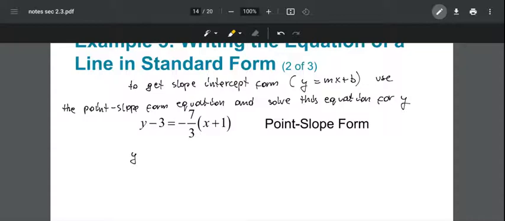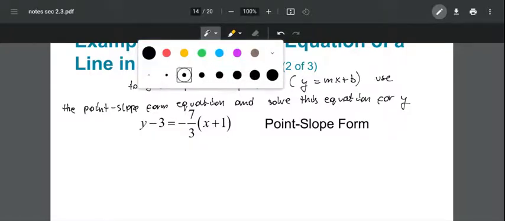So we have y. Before I do anything, since I have a fraction, you could multiply both sides of the equation by 3 to avoid having a fraction, but let me just work with the fraction.